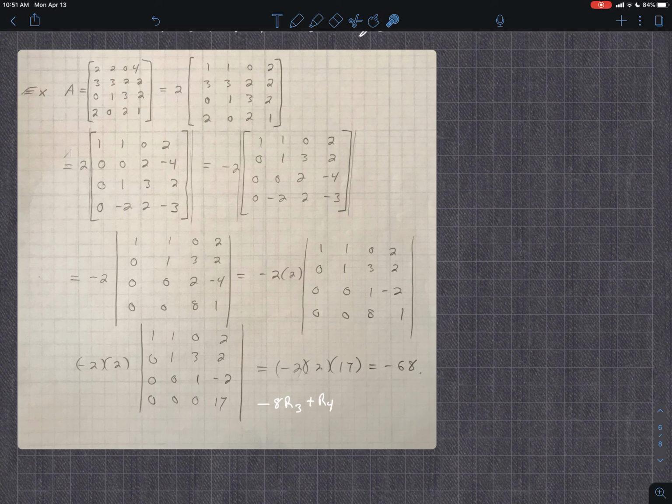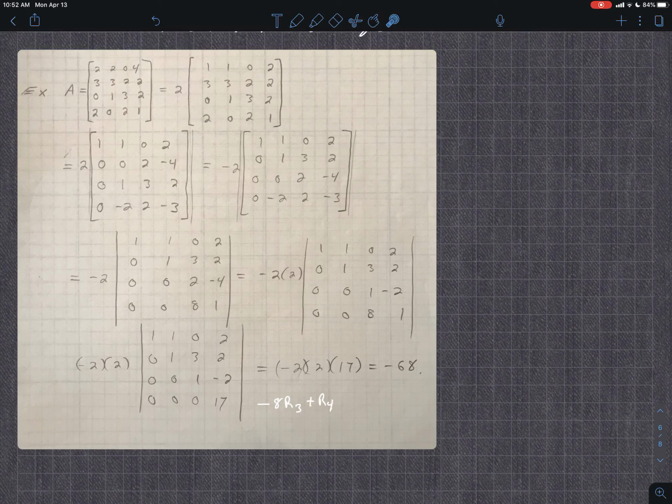Then from this step to this step, we did a row interchange. When you do a row interchange right here, this one and this one, so 2 and 3, that makes it a negative.